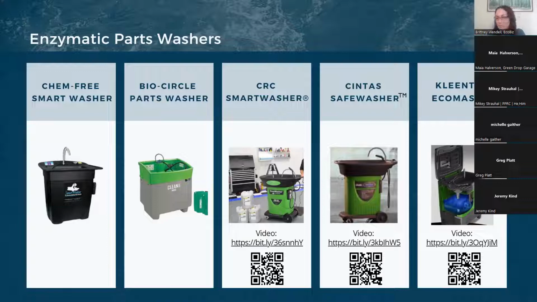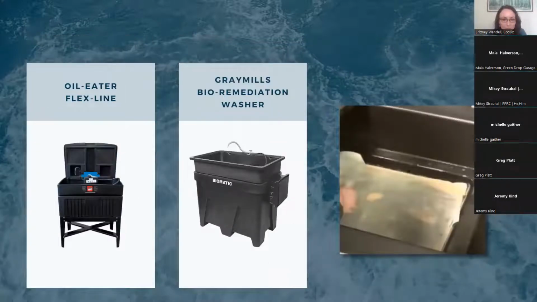So again, we have these QR codes. If you're interested in any one in particular, you can scan that with your phone. Here are a few other washers, and then an example, a little blurry, of the mat or pouch that is used in most of the units.